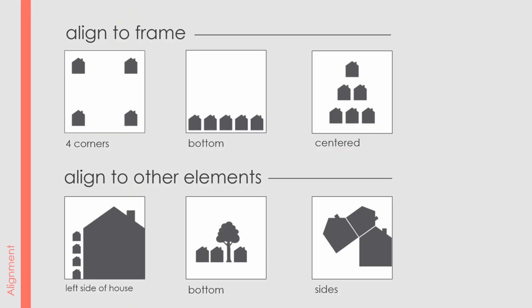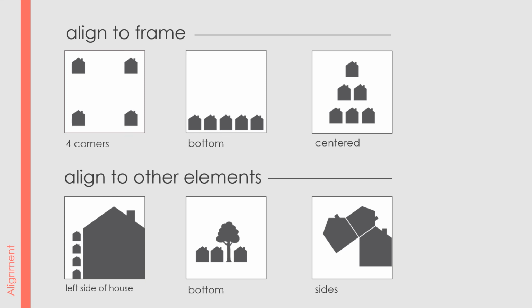All right, so here again are just some of the general types of ways you could align elements in your compositions. You could align to the 4 corners of the frame, any of the edges of your page or your frame, dead center of the frame, and then you could also align to other elements within the composition, right?